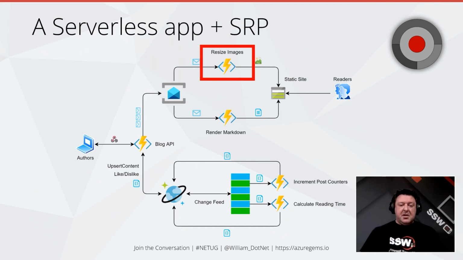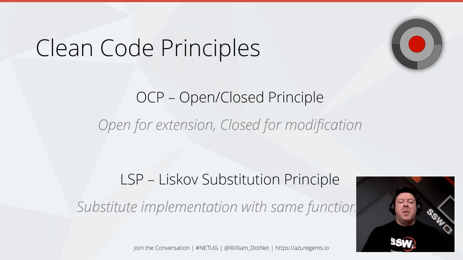It should resize it and store it, and that is all it needs to do. So it's got one responsibility. The same applies to our Markdown application. It should do just the one thing. And for me, if you can break all your separate concerns up into small applications, that is a big, big win. You can simplify things and make your life a whole lot easier.